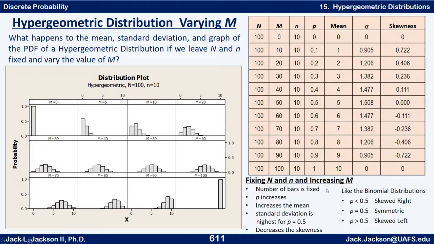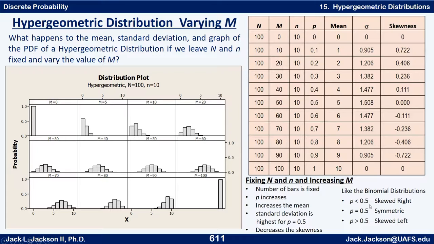Now there are a couple other things you may notice. The standard deviation actually goes up and back down, and its highest standard deviation is when p is 0.5, but you have zero skewness there, so it's more spread out but perfectly symmetric in that case.